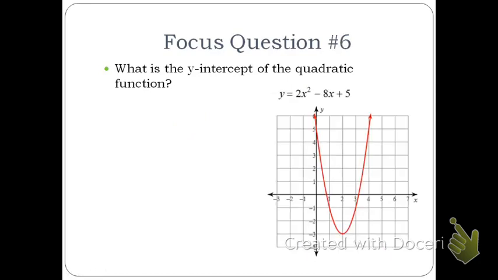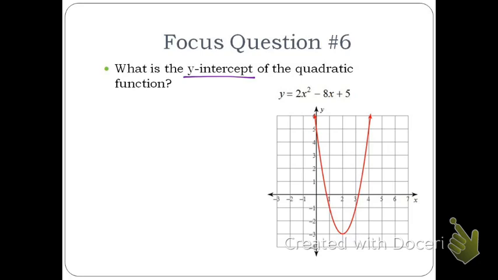What about number 6? We want to find the y-intercept here. When you're finding your y-intercept, I know we have this whole parabola, with the axis of symmetry and the vertex, but we don't need to know about that right now. All we need to know is the y-intercept.